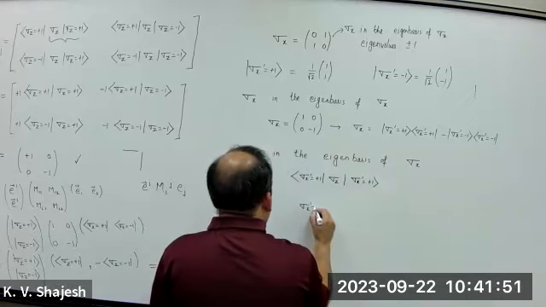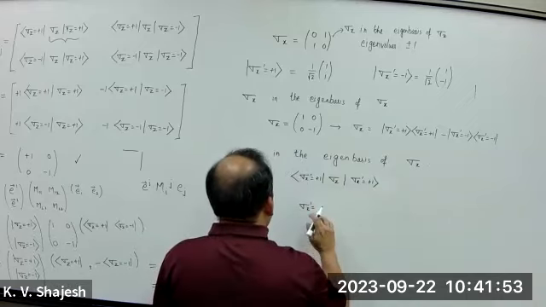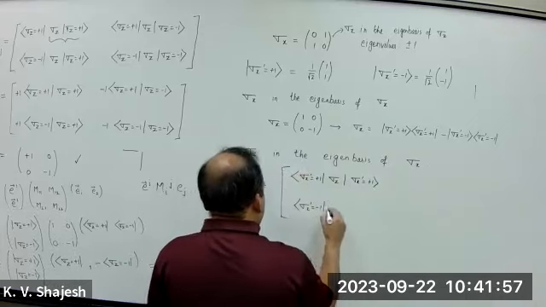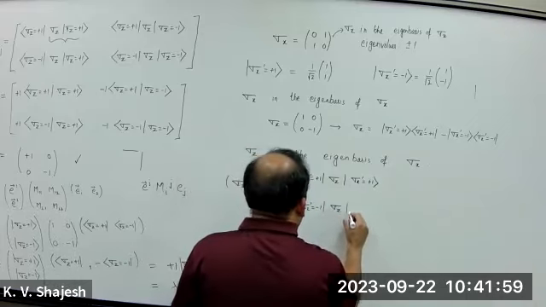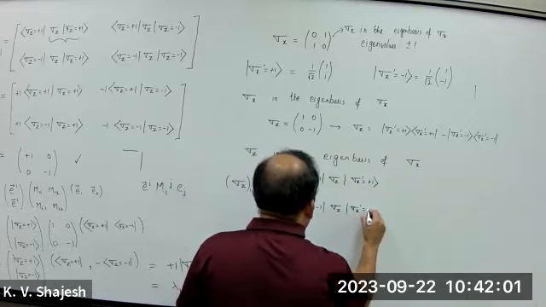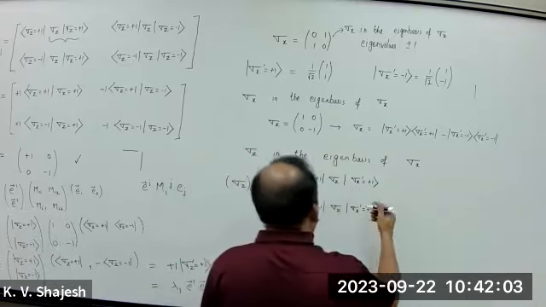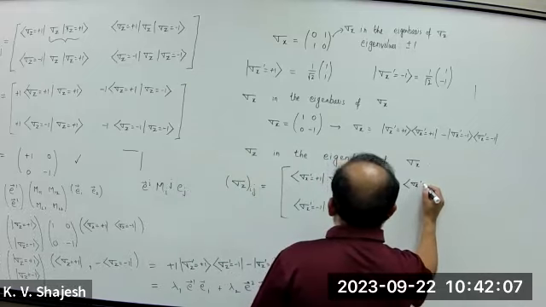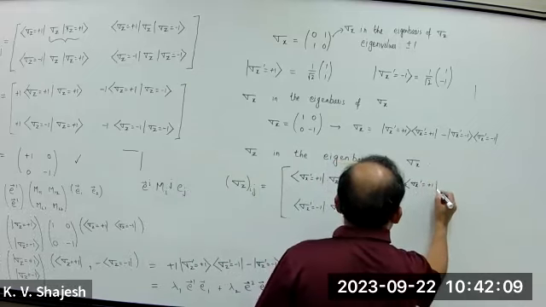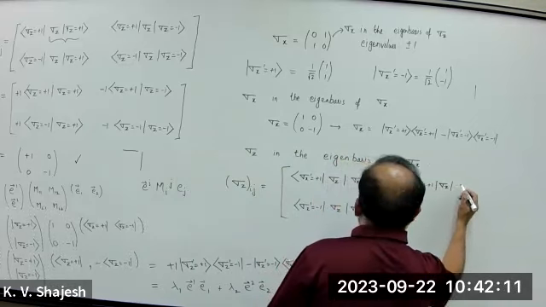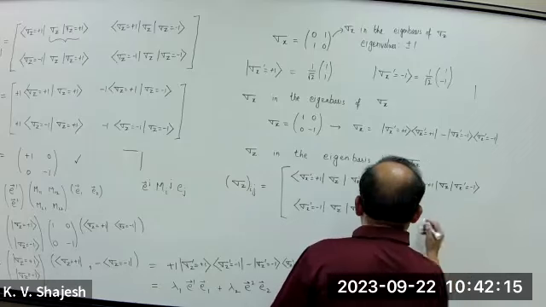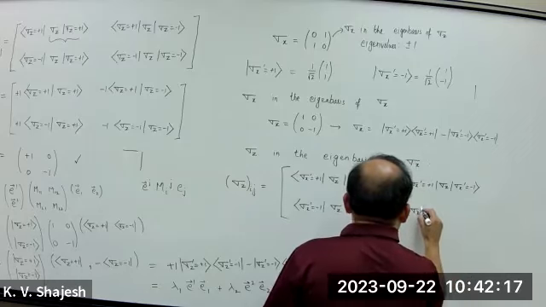Sigma x prime equal to -1. That's a matrix multiplication. And this is sigma x prime equal to +1, sigma z, sigma x prime equal to -1, and the same thing.